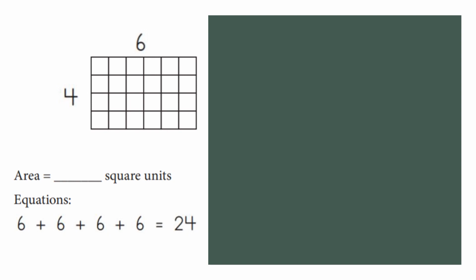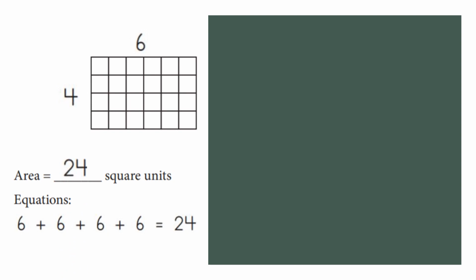Or maybe you didn't think about the rows, but you went to the columns and you were noticing that there are 6 columns of 4 square units. So maybe you did 4 plus 4 plus 4 plus 4 plus 4 plus 4. Either way, you would get to 24 as your total number of square units.